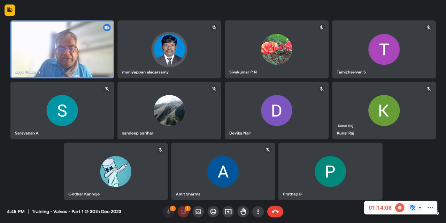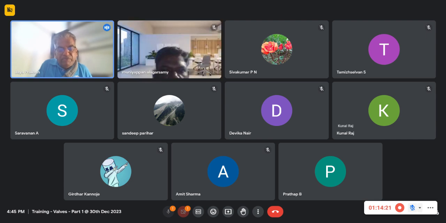Actually, we have just gone through the basic concepts of valves: the types of valves, operation types, the working principles of valves, and materials. Next session, hopefully we'll cover inspection and testing of valves, which is more important.